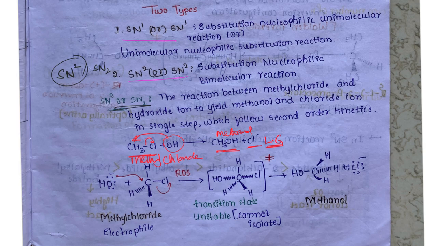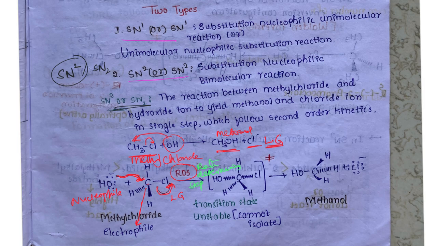The nucleophile attacks this carbon, then the leaving group leaves. What leaves from the substrate is called the leaving group, and what attacks the electron deficient site is called the nucleophile. The electron deficient carbon is called the electrophilic carbon. Now the nucleophile attack on this substrate is called RDS. RDS means rate determining step.